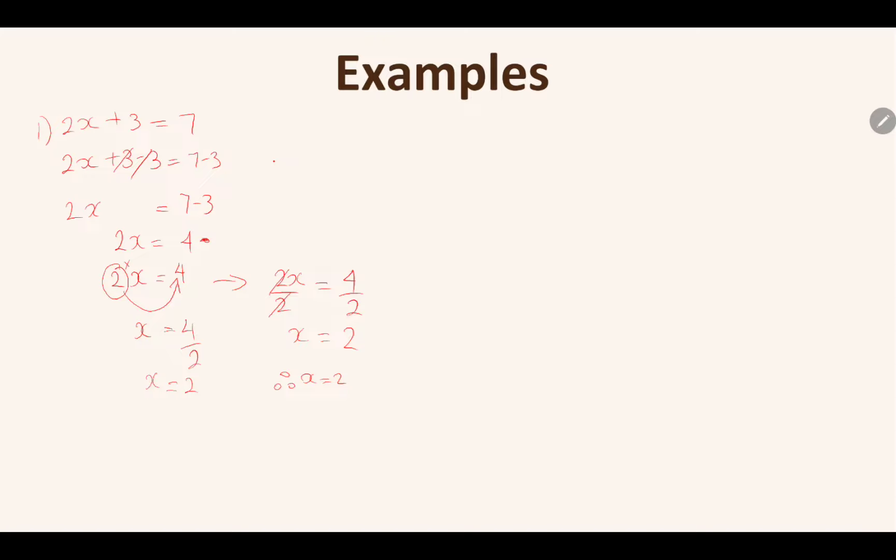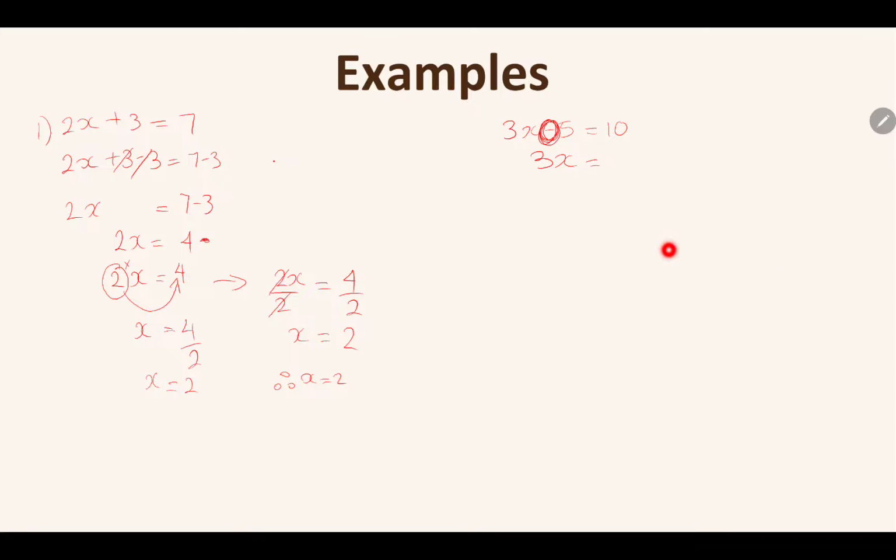Let's do another example. We have 3x take away 5 equals 10. Now remember, your first step is to get 5 on one side. Keep the order of operations in mind.